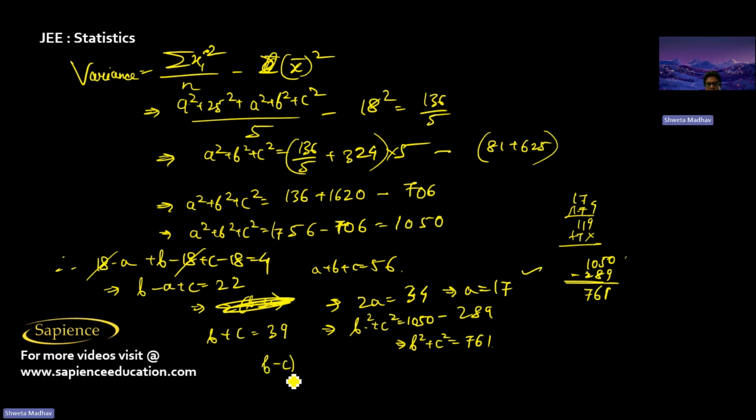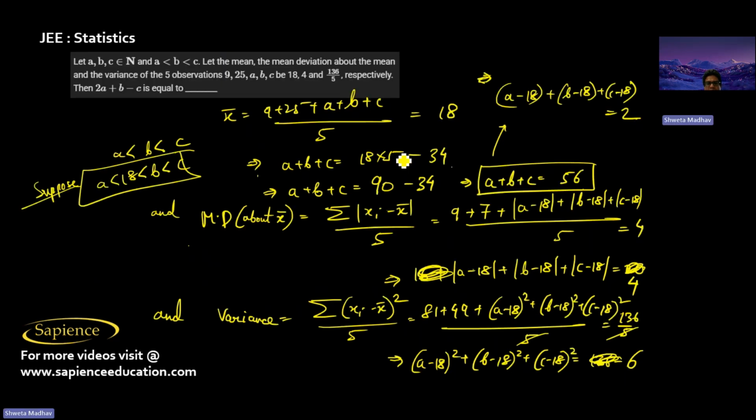And so B minus C whole square will be equal to B plus C whole square, that is 39 square, which is equal to B square plus C square, 761, plus 2BC. So therefore 2BC will be 39 square minus 761.